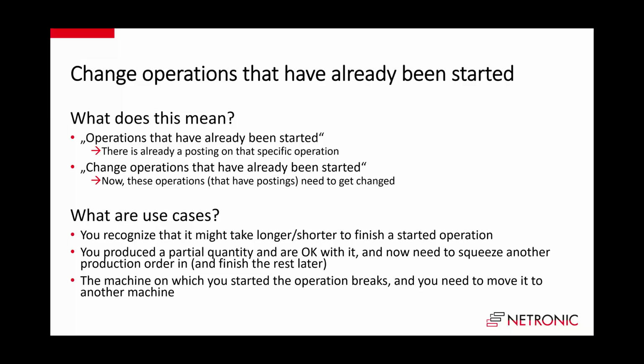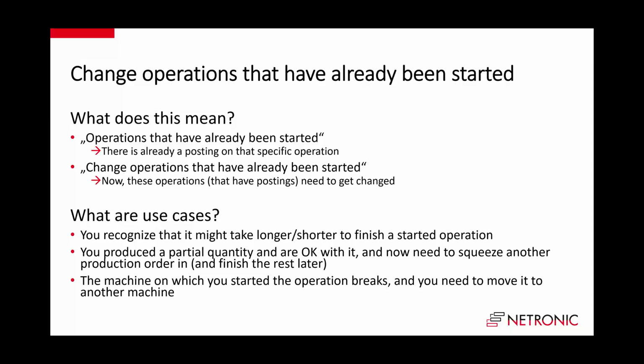So not 6 as you would assume, but 7. Or you have 50% done, but they tell you, okay, time-wise, we are already at 80%, so you will be finished shorter. So we can now change the length of a started operation. And I will show you how this works in a couple of minutes.